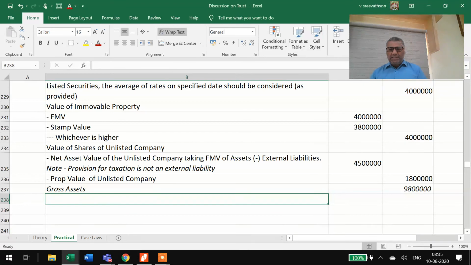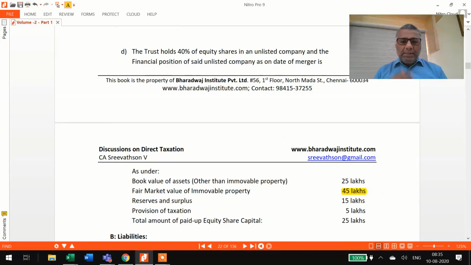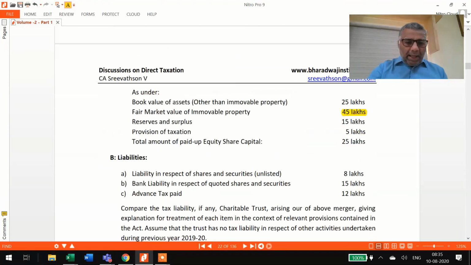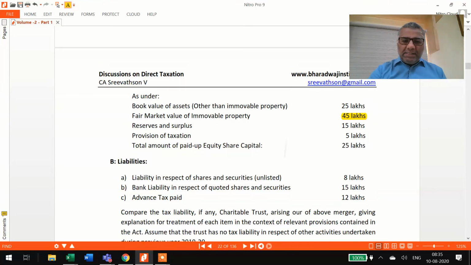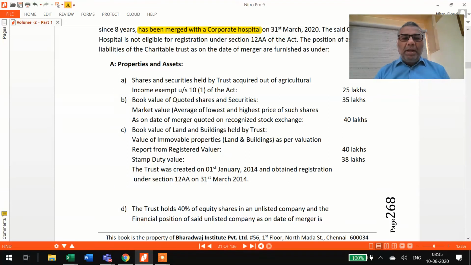98 lakhs is my gross assets value, less liabilities. Liability in respect of unlisted shares and securities, that is nothing but this one.